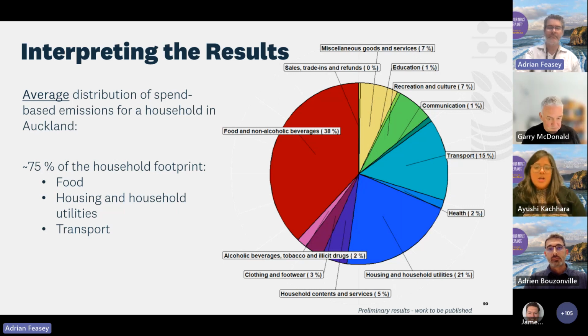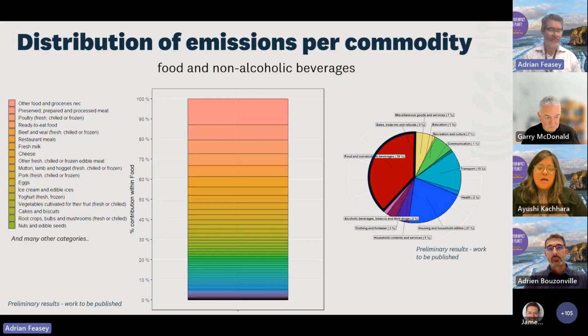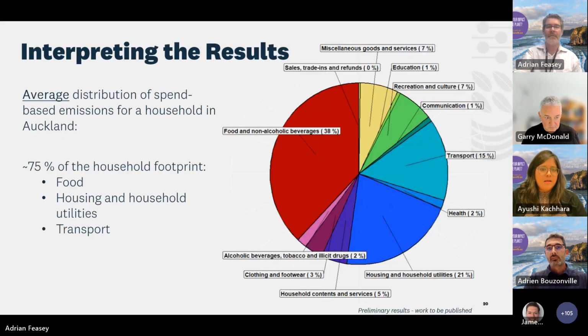Next slide. So as an initial view, I think that's 2 slides down, 1 slide up. Yes, that's the one. So building an emissions picture for a household: the household economic survey is only a survey, so it gives you an average household profile as opposed to a total regional profile.